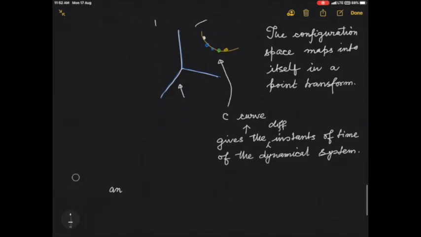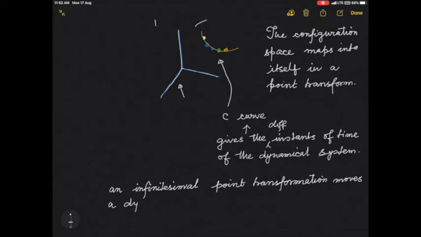So that is very important. And an infinitesimal point transformation, in general it is also true, but I am writing infinitesimal explicitly, moves a dynamical system, I can say, in time. So it's giving the time evolution of the dynamical system. Now this I am keeping in quotes because you should think about it a little more, and it's not a complete statement. One needs to revisit it later.